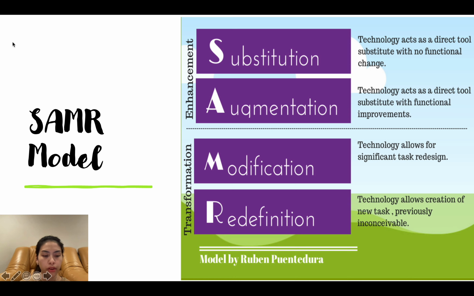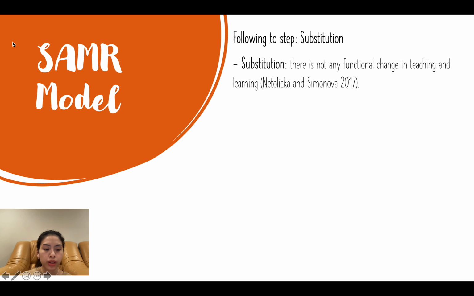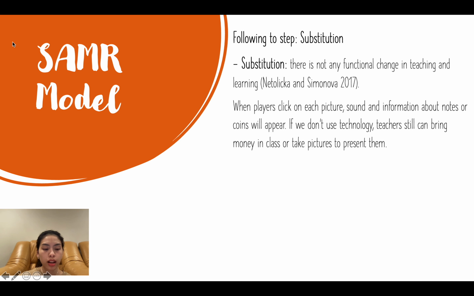We cover two areas, enhancement and transformation. My project follows the substitution step, where there is no functional change in teaching and learning. When the player clicks on the picture, a star and information about the note or coin will appear. Without technology, teachers can still bring money into class or take pictures to present them.